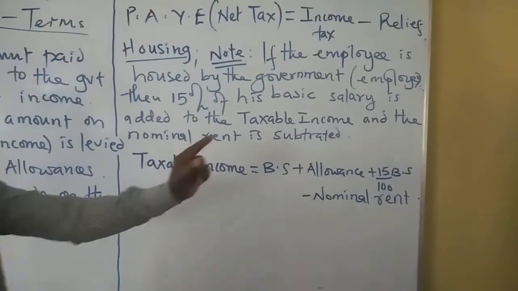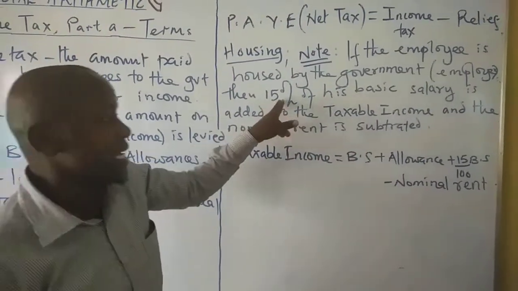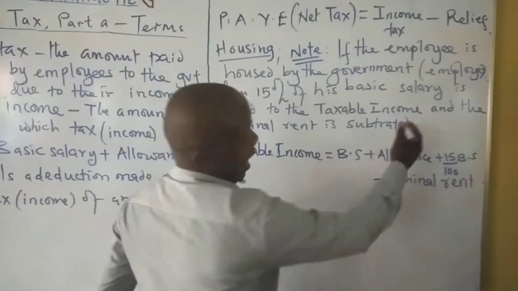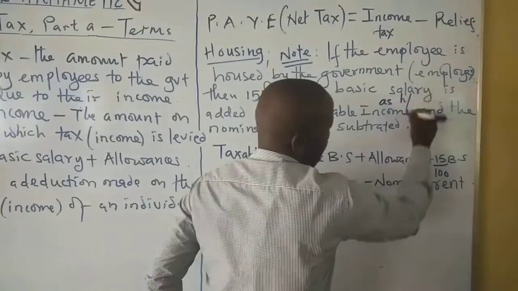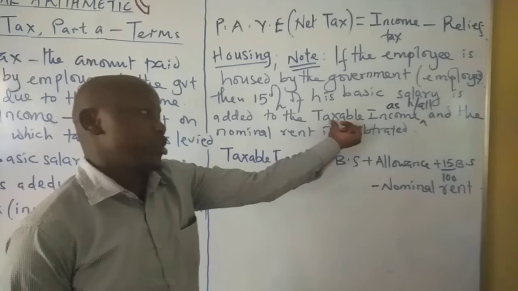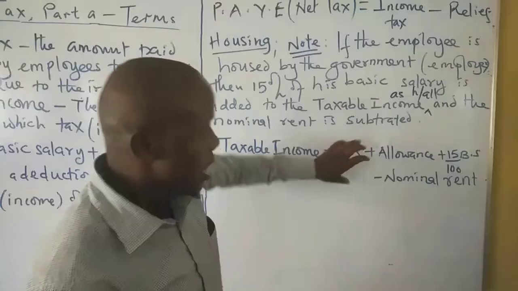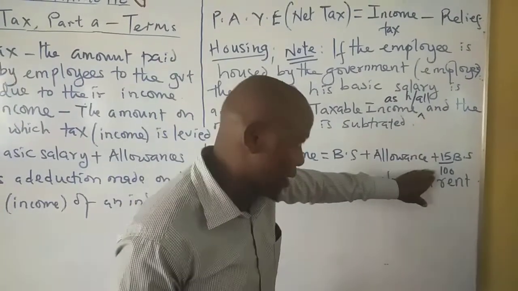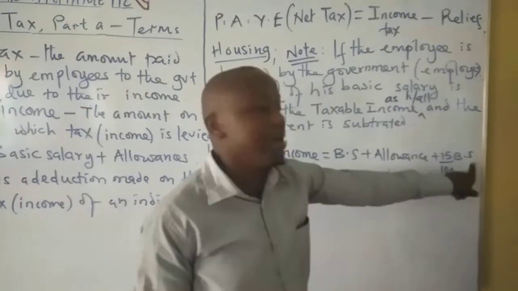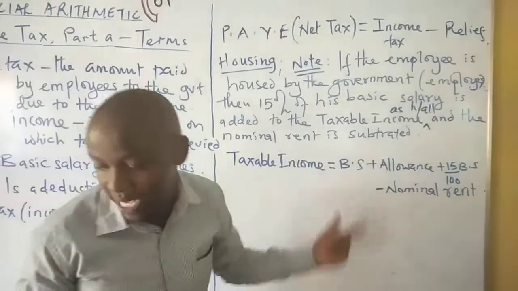It is added as house allowance to the taxable income for taxation, and the nominal rent is subtracted. Therefore, taxable income equals basic salary plus all allowances, plus the house allowance of 15% of the basic salary, then minus nominal rent if he pays any.